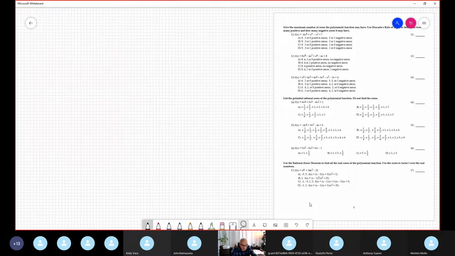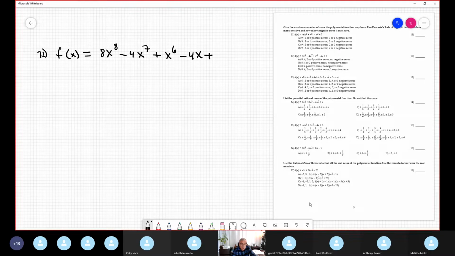Number 12 is, well, f of x is equal to 8x to the 8th power minus 4x to the 7th power plus x to the 6th power minus 4x plus 8.